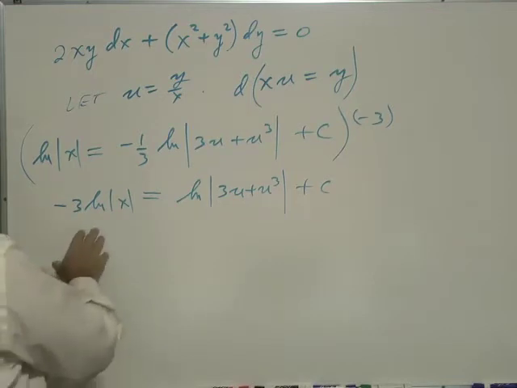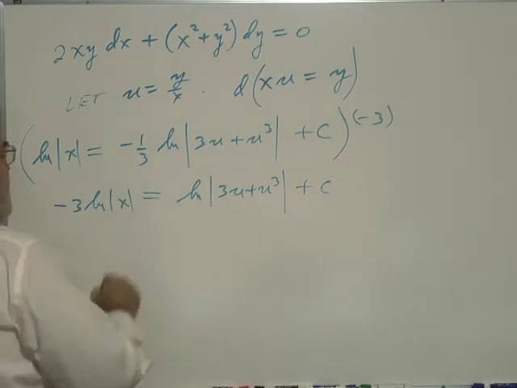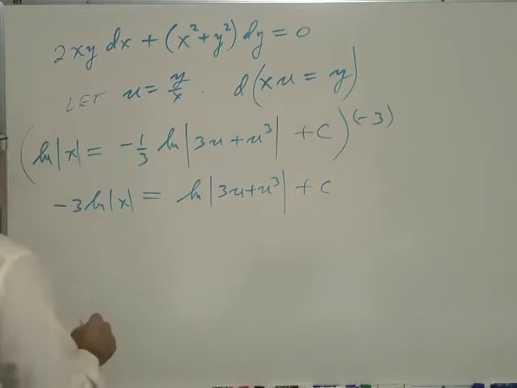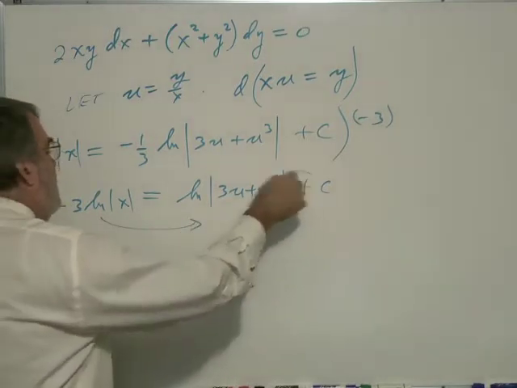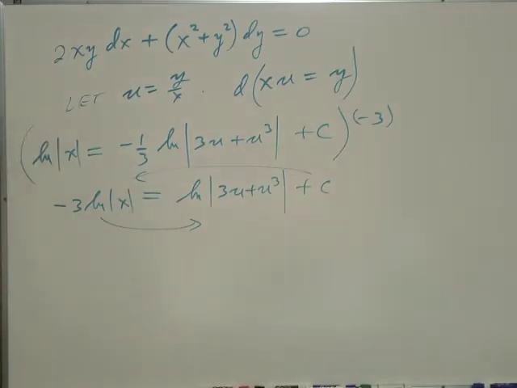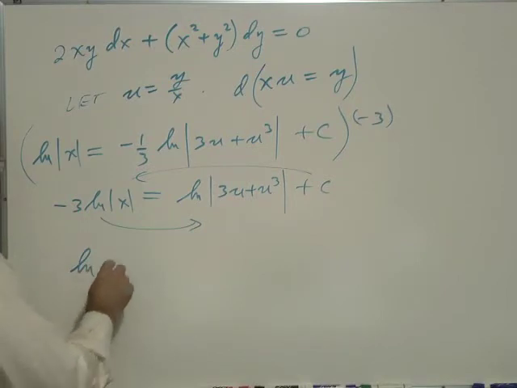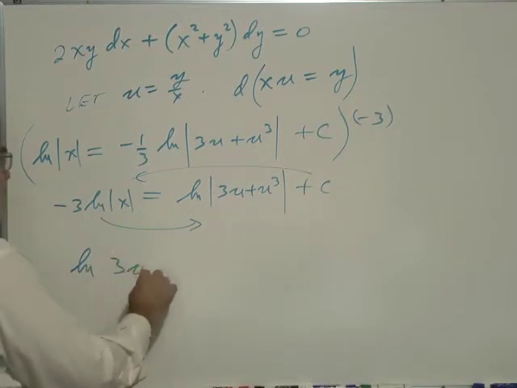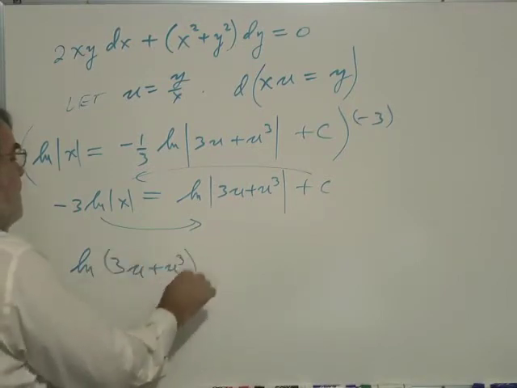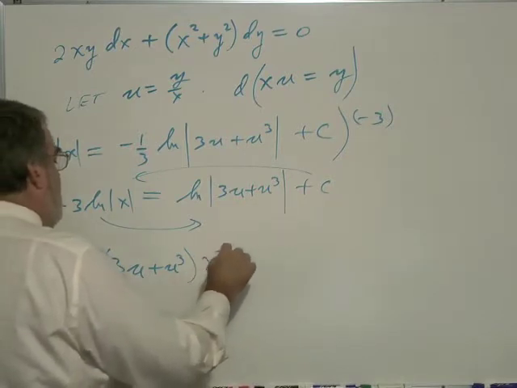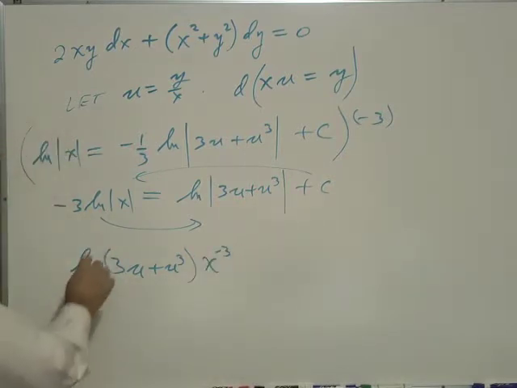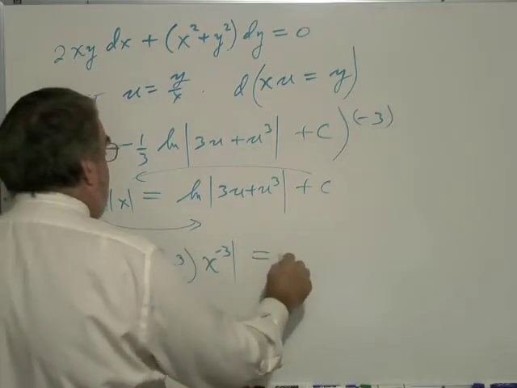If I were to combine this over here, I'm going to bring this to the right, and bring my constant to the left, and this is going to be natural log of 3u plus u cubed times x to the negative third power, all in absolute value, equals a constant.